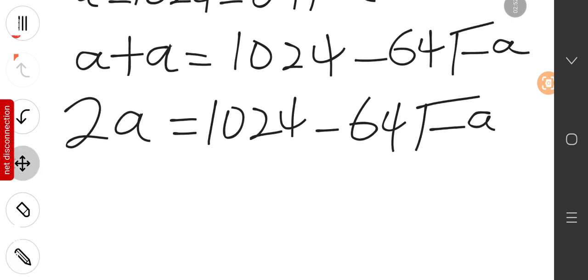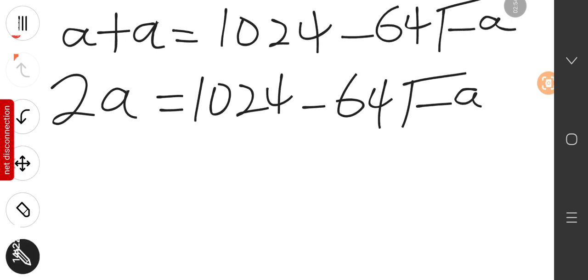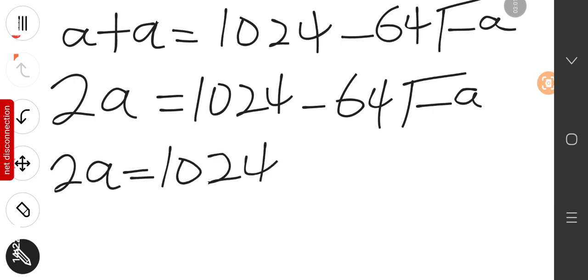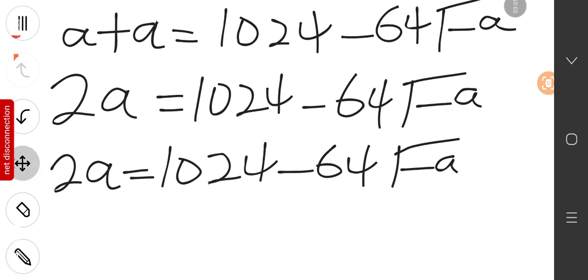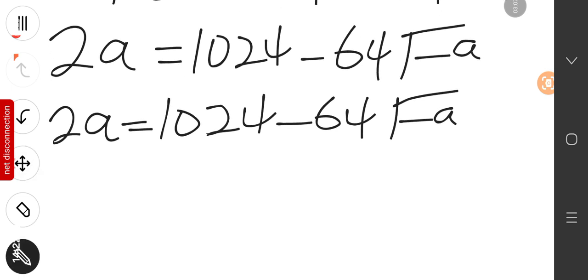Now let's reduce the terms in the equation. So you have 2a equals 1024 minus 64 multiplying the square root of minus a. Let's reduce the equation by dividing each term by 2.